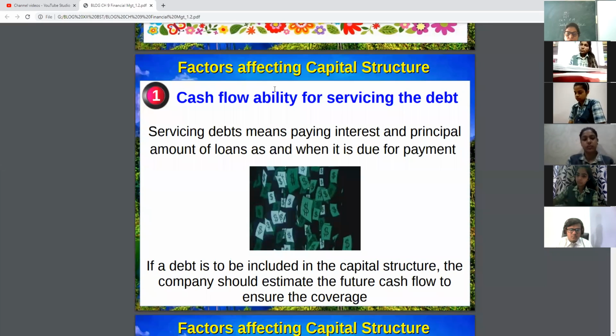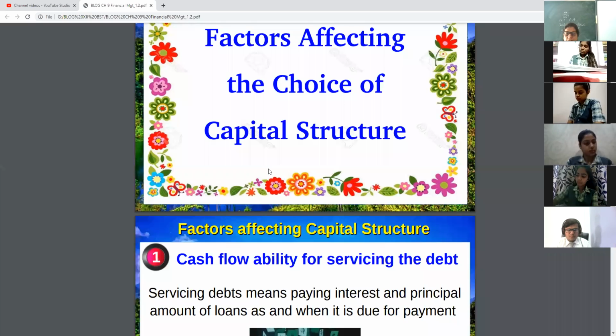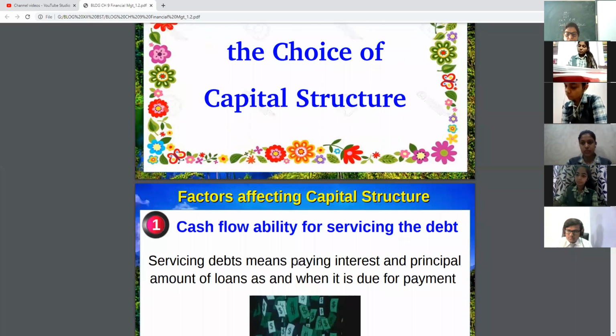Note down the topic: factors affecting the choice of capital structure. Note down the headings only, because tomorrow when we do the numerical, I will explain these points.